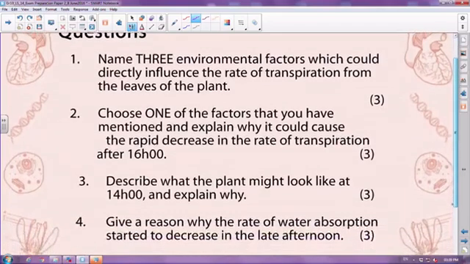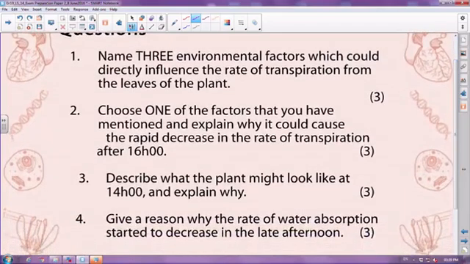Okay, there are 4 questions here. The first one: name 3, remember there's always a reason why it's in capital letters. They only want you to state 3. If you do more, they're not going to look at it. Which could directly influence the rate of transpiration from the leaves of a plant.